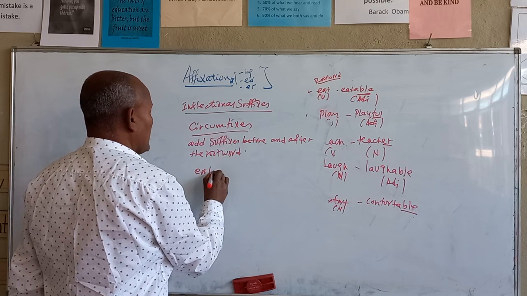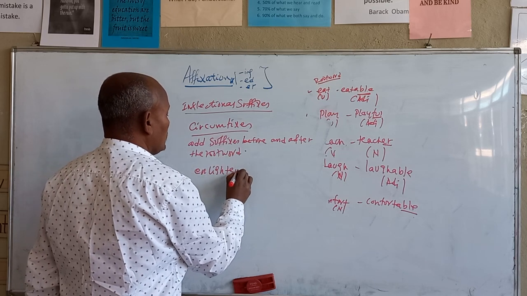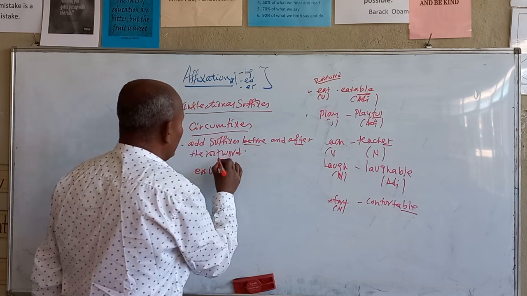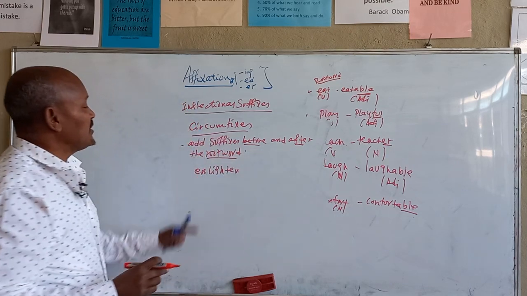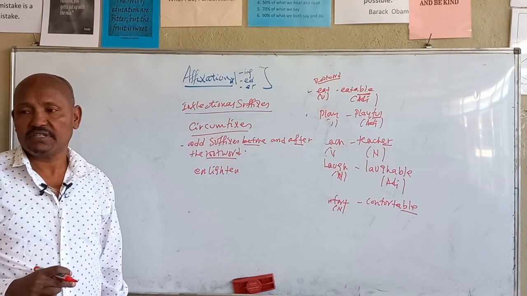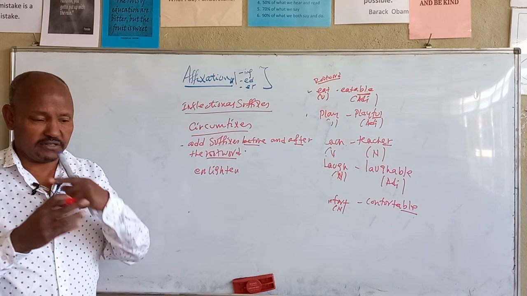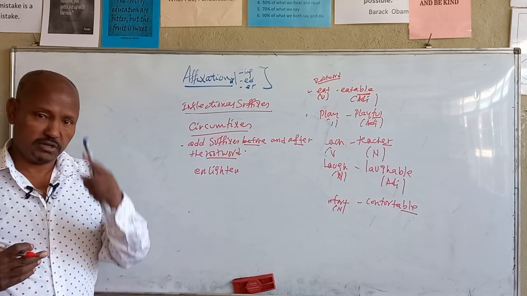For instance, enlighten. Look at the word. Add any kind of affix before and after the root word. This kind of affixation is circumfixes. A word which adds affixes in front of and after the root word is called a circumfix.